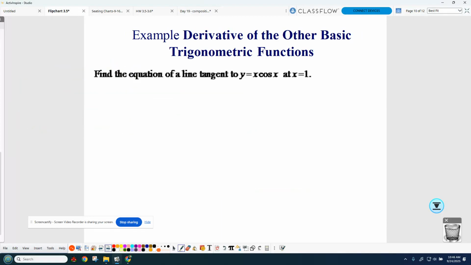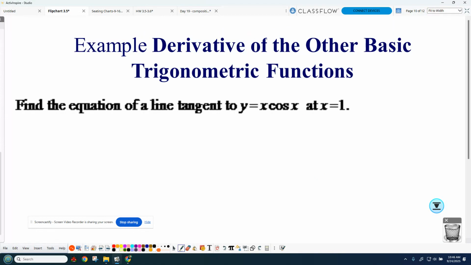Okay, this one you need a calculator, just to get numbers. Do you remember how to find the tangent line? How many decimals? 3, at least.